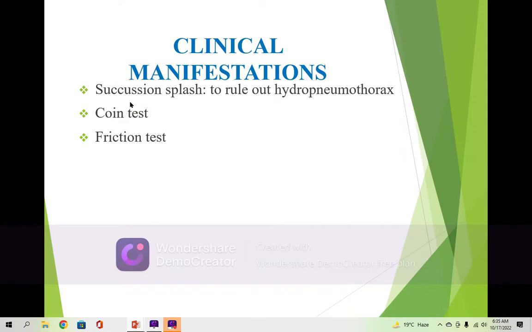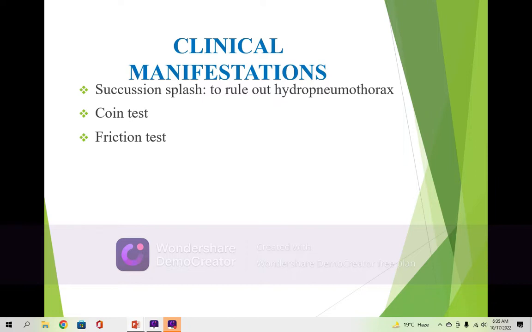You do these tests. Succussion splash: if there is evidence of hydropneumothorax, there is some fluid there. If you jerk the patient from one side to the other, a splashing sound can be heard. Coin test: you place one coin on one side and tap it, and with the stethoscope on the other side, you can hear the sound very clearly.